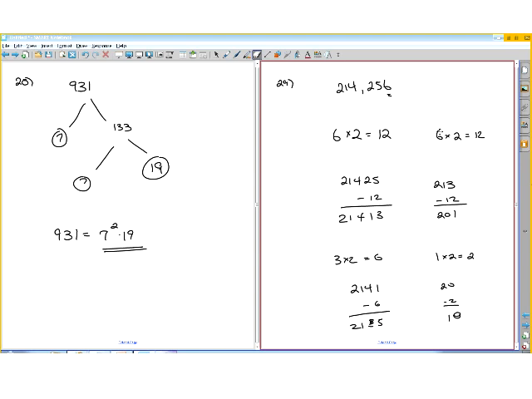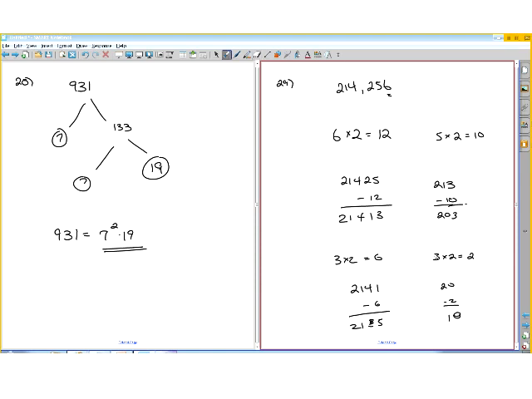And so 2135, we take 5, which is the remaining thing here. Multiply by 2, we get 10. We subtract 10 from that. So that's 203.